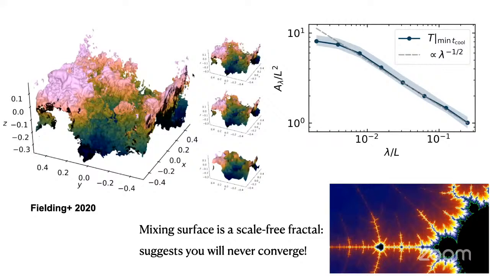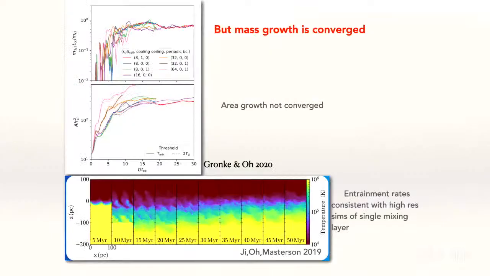So why are you converged? That seems like great news for completely inexplicable reasons. So as I said, mass growth is converged as you go to higher resolution, and area growth is not, consistent with what Drummond was pointing out.